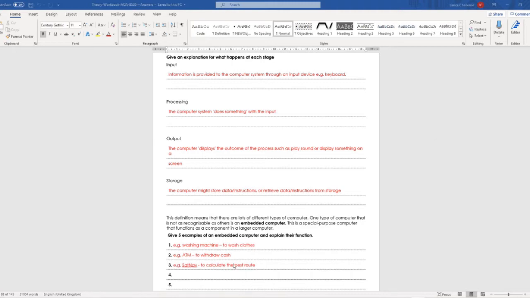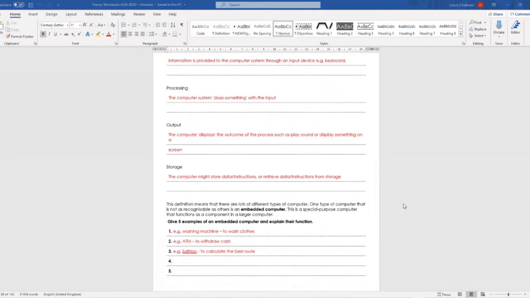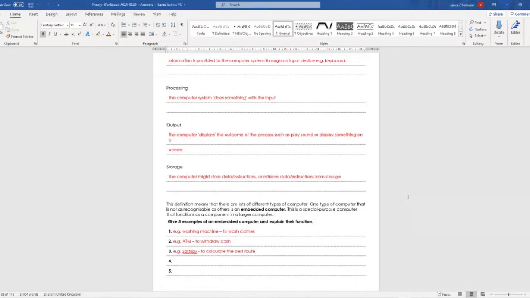go over this part. What I will talk about briefly is embedded computer systems. Some people find this a bit confusing, but it's quite simple really. You just have to remember that an embedded computer is a computer inside of something else. So it helps facilitate the function of the thing it's in. For example, a washing machine could work well enough without a computer.